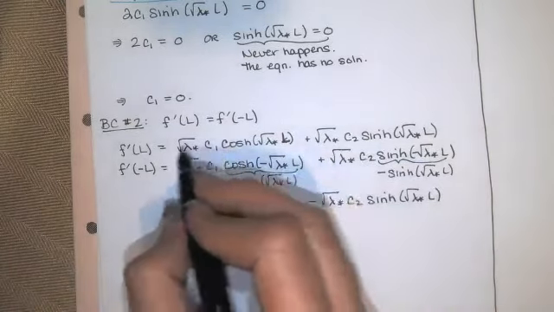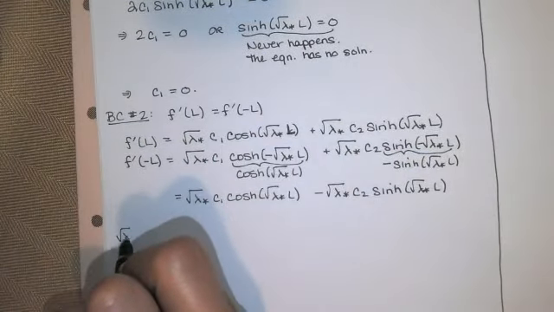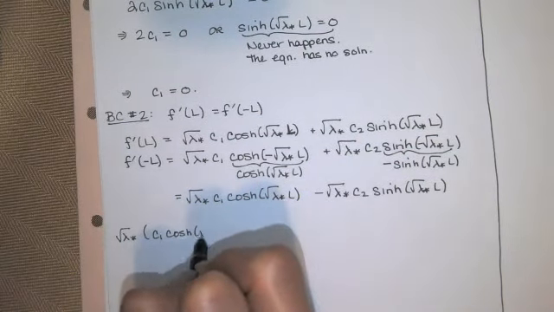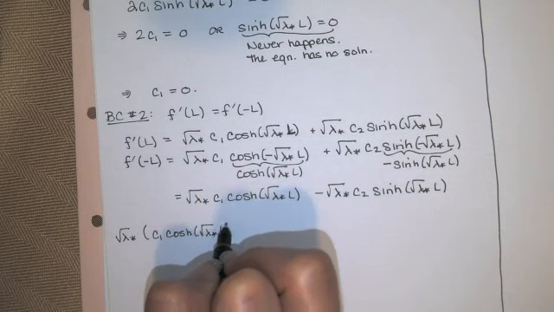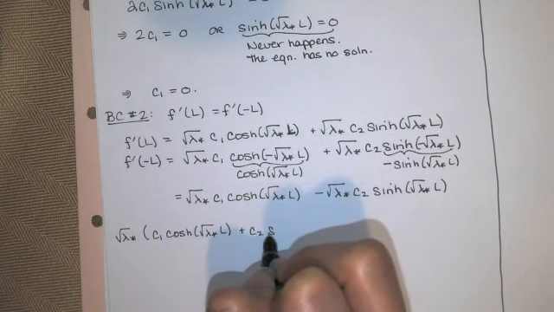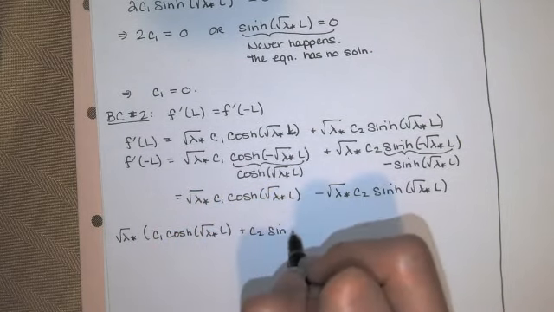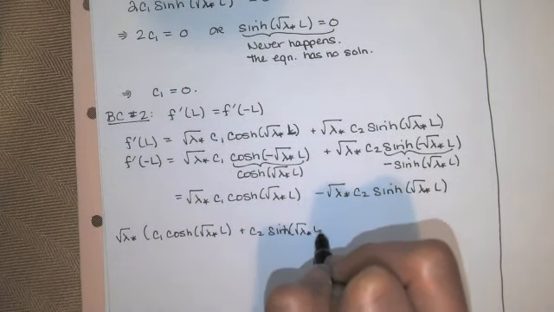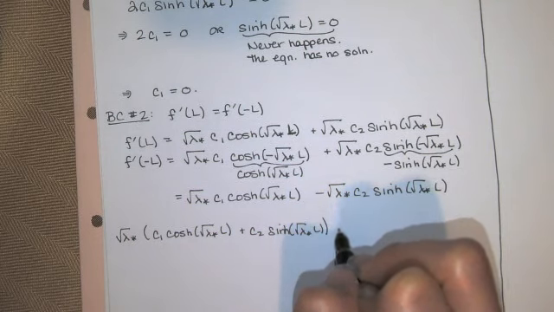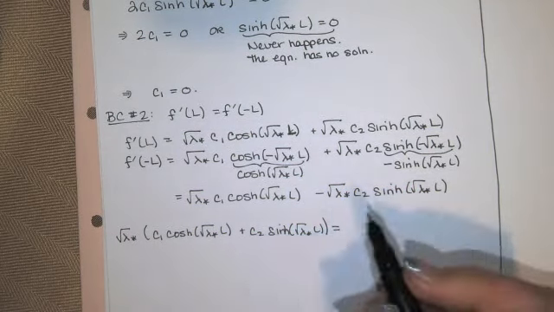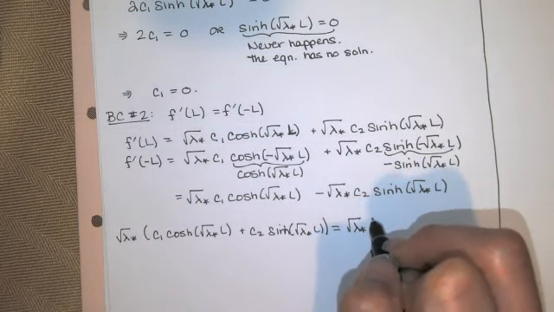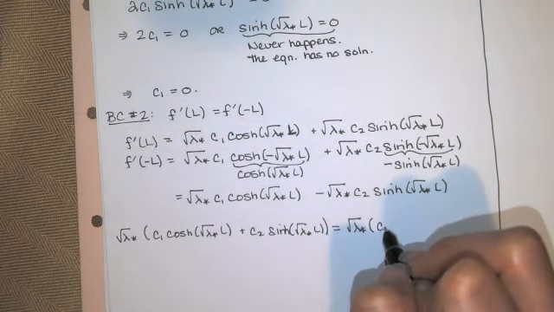I notice that I have a square root of lambda sub star in everything, so I'll factor that out. This is f prime of L, and I'm setting that equal to f prime of negative L, also factoring out that constant square root of lambda sub star.